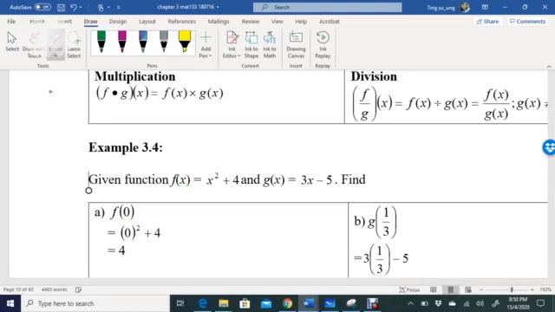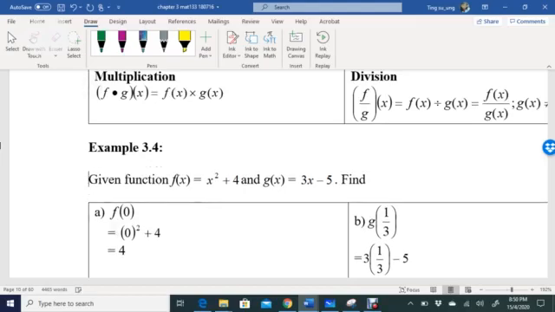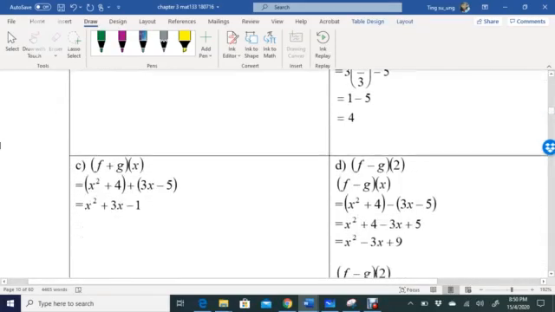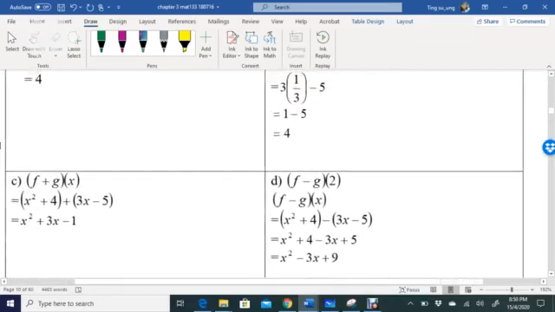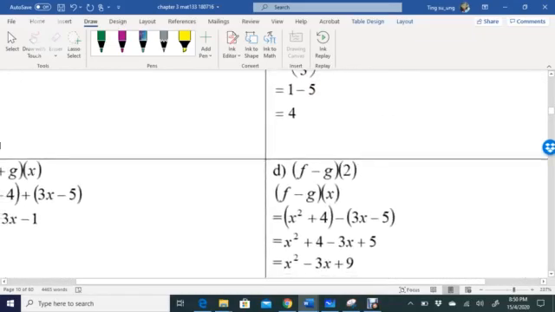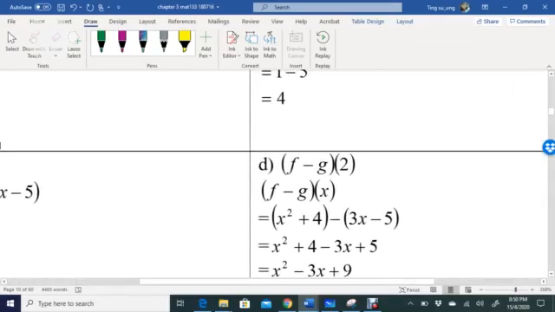Just that you need to be careful when you have plus and minus, should be okay, right? Now this one, how? They have two ways of doing it.